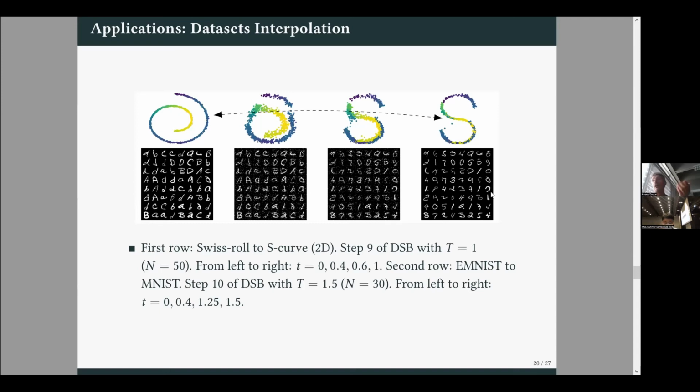Okay? Another thing you can do, for example, is that, say you've worked really hard and you have a GAN which already generates very good images.